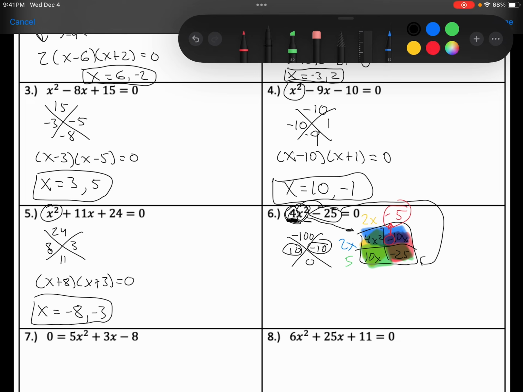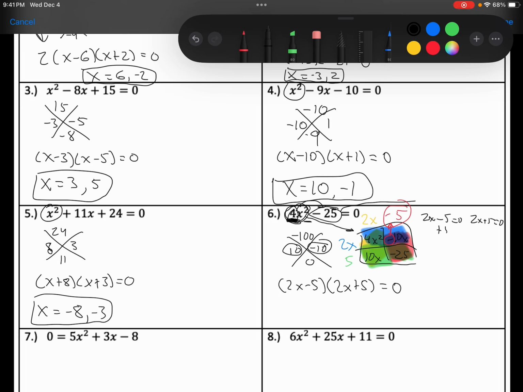We're going to have 2x minus 5 from the top part and 2x plus 5 from the side equals 0. So these are our two factors that we're going to need to set equal to 0. We have 2x minus 5 equals 0 and 2x plus 5 equals 0.